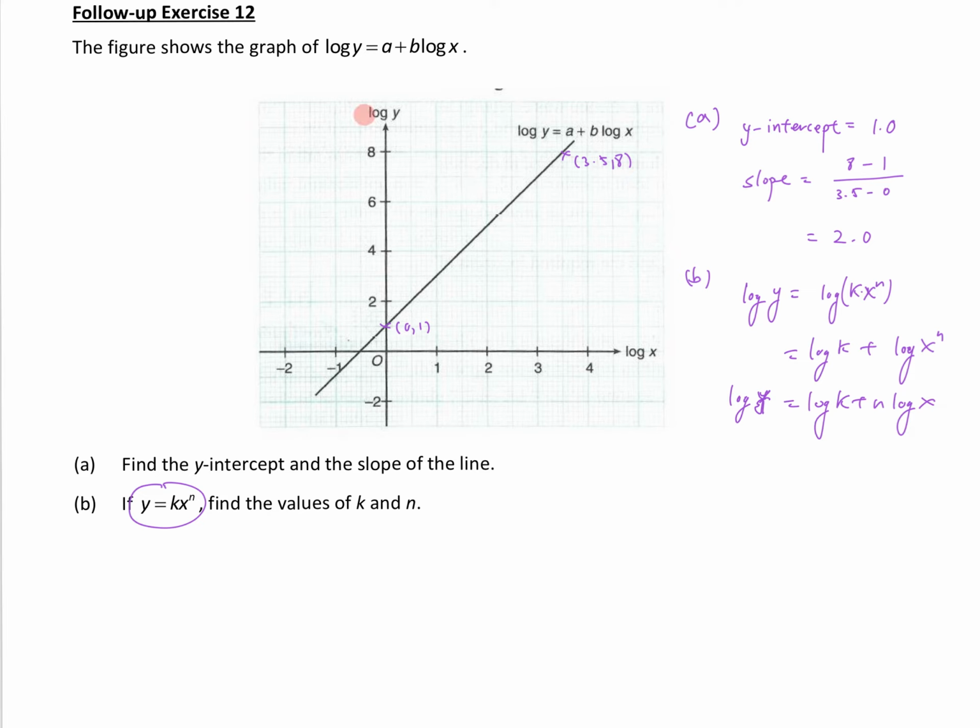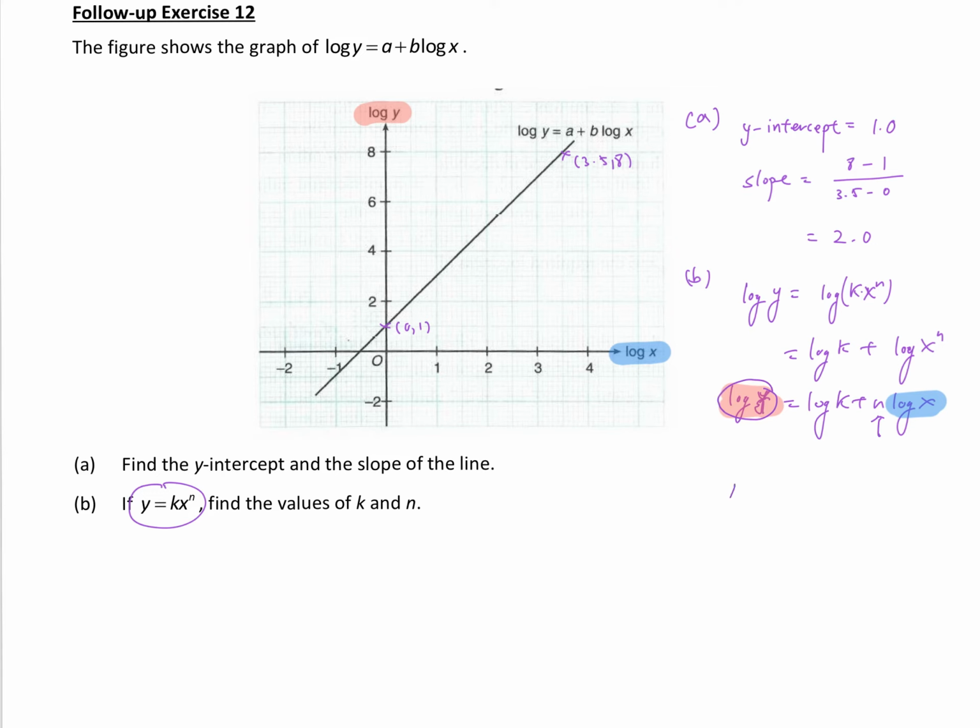Can you see the y-axis is log y, and the x-axis is log x. So this is in the form of y equals mx plus c.